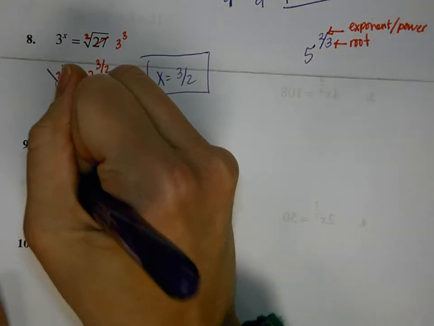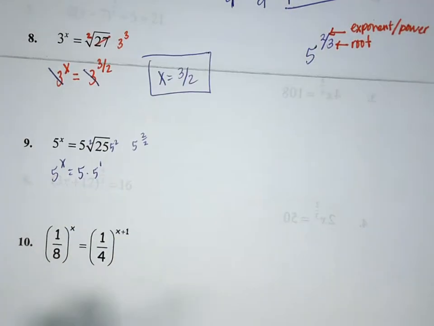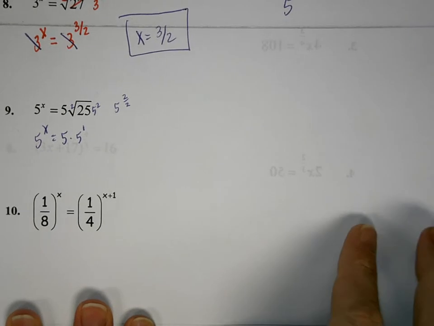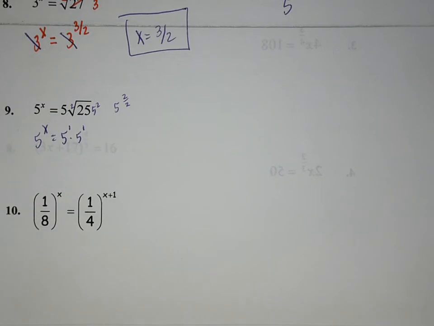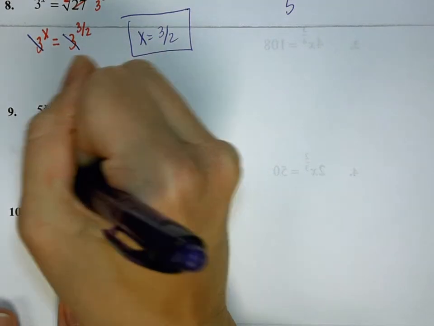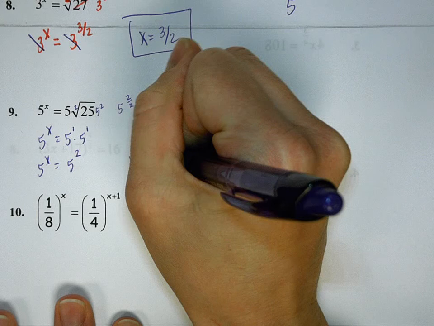So I still have 5 to the x equals, I have a 5 outside, and then this becomes 5 to the first. Also, if you just think about it, what's the square root of 25? 5. So you end up with two 5s. What do you do with those? You don't multiply them, just add the exponents, 1 plus 1, which is 5 to the 2. So that means x equals 2.